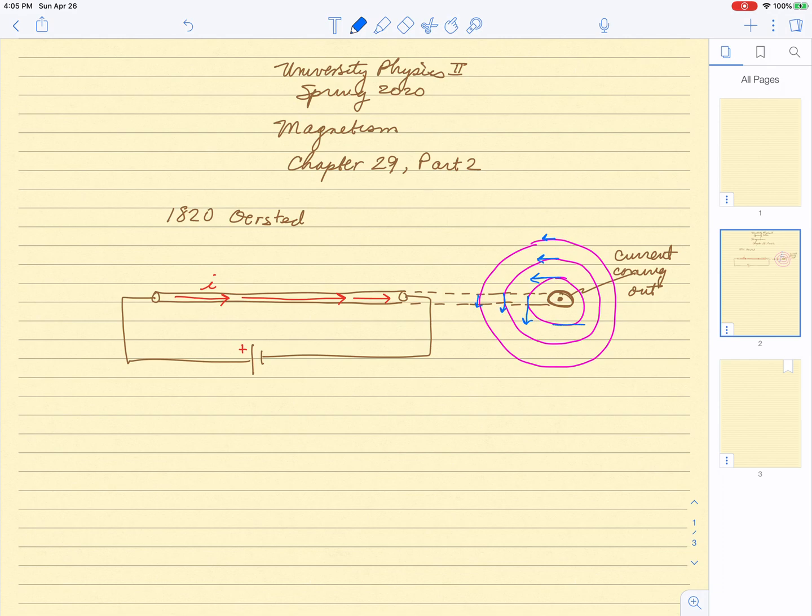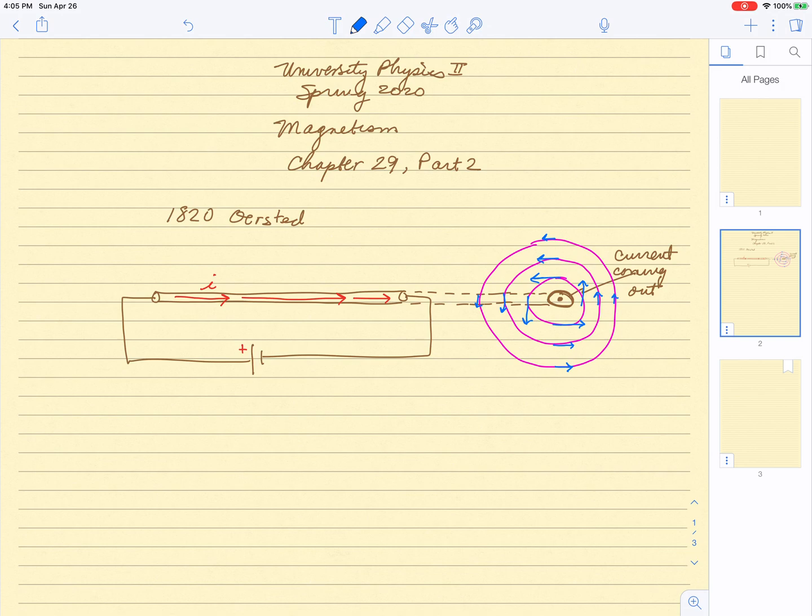And I'm drawing these arrows such that they're getting smaller as you move far away. That makes sense, actually, because you would imagine that the magnetic field generated by these wires is going to decrease as you move away from the wire, and we'll get more into that in a bit.